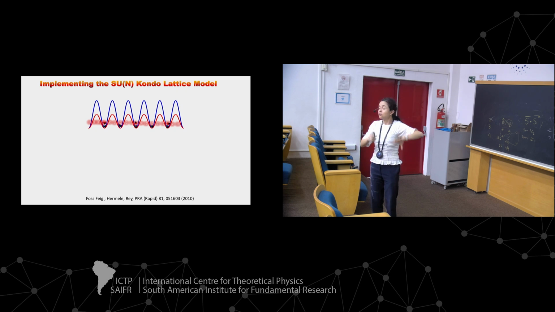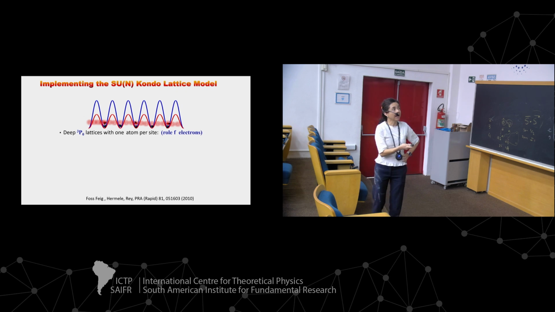So under these magic wavelengths, you can engineer conditions where you can generate two different lattice potentials for the particles. In this case, you are going to make a deep lattice for the excited state, which are going to play the role of the f electrons, and a very shallow lattice for the ground state particles, which are going to be the delocalized particles. And that's the idea.